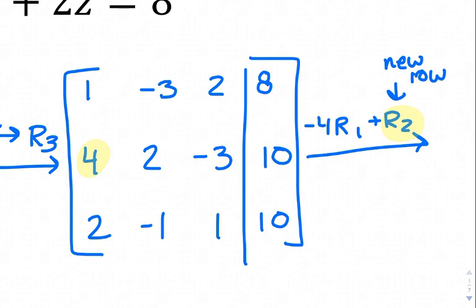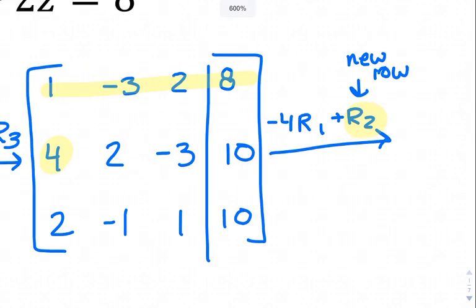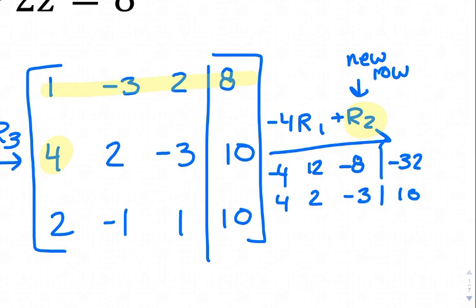Now I've got to multiply negative 4 by row 1. Well, row 1 is this part here. So negative 4 times 1 would give me negative 4. Negative 3 times negative 4 is 12. Negative 4 times 2 is negative 8. And then 8 times negative 4 is negative 32. I have to now add that new row to row 2, which is 4, 2, negative 3, 10.